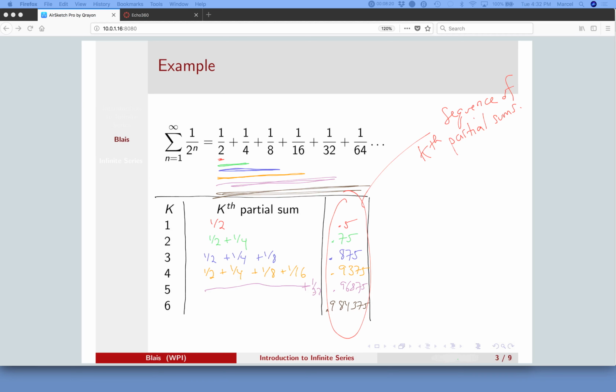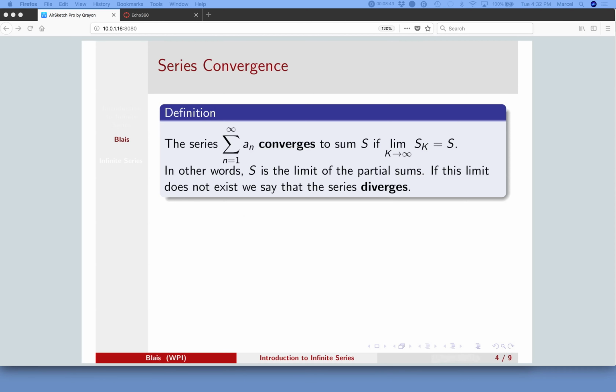So again, as you go down this list, if the series is converging, if this sum of all the infinite terms is in fact finite, you should be getting closer and closer to that value, because you're adding more and more terms from the series. And that leads us to our definition for series convergence.